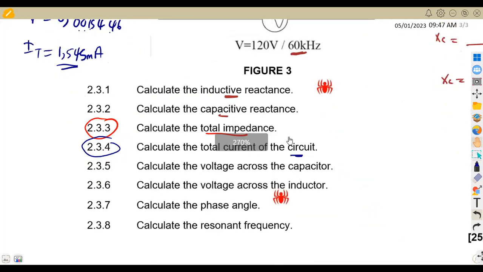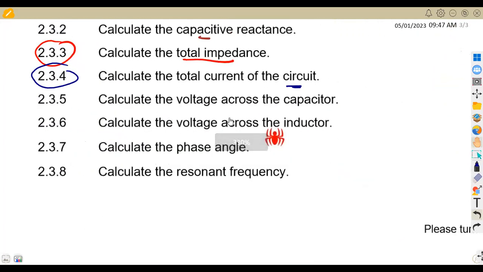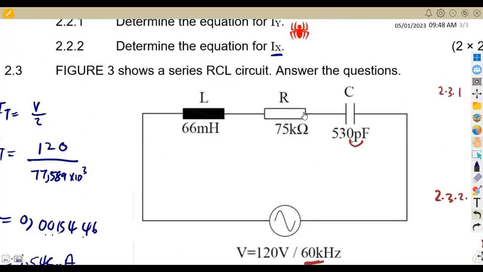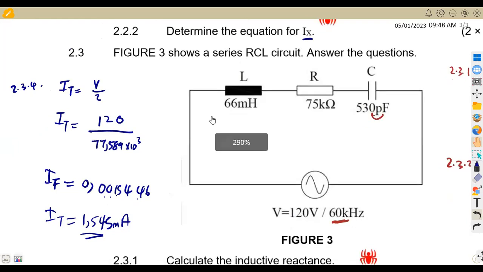Then from there, we are asked to calculate the voltage across the capacitor on 2.35. Since we know that this is a series circuit, and in a series circuit the current is the same, the total current that we see here is going to affect everything. We are going to have the same current flowing of 1.545 milliamps.